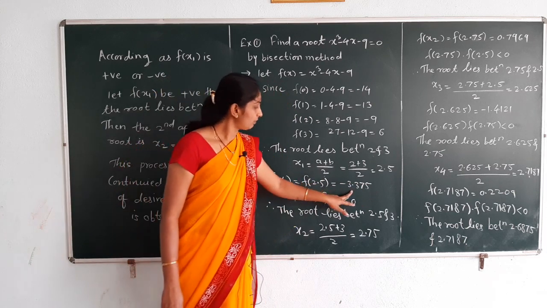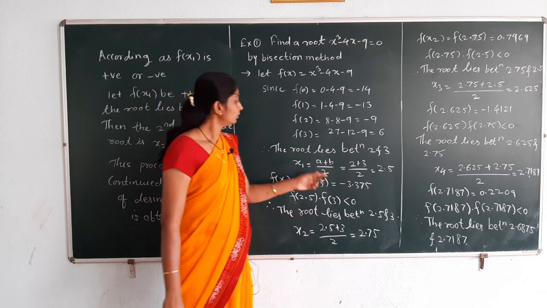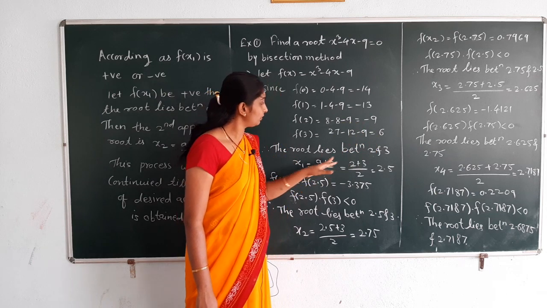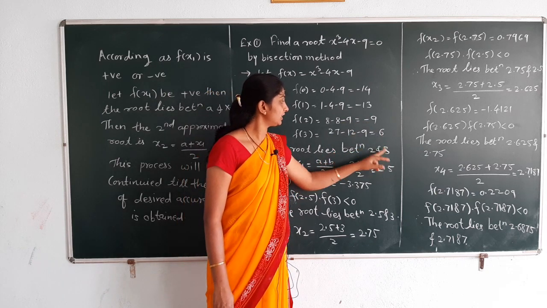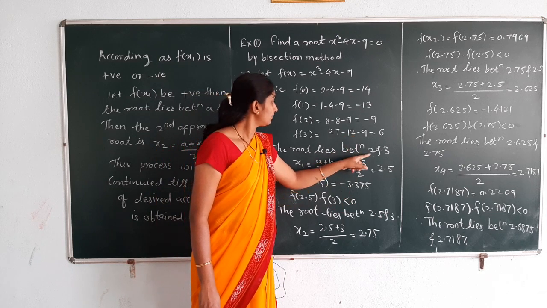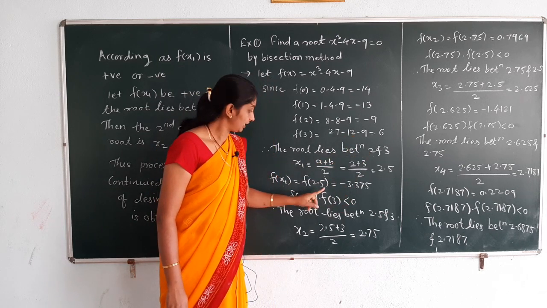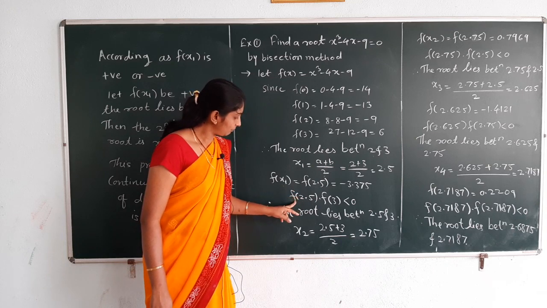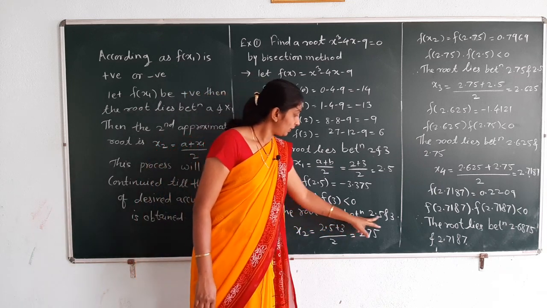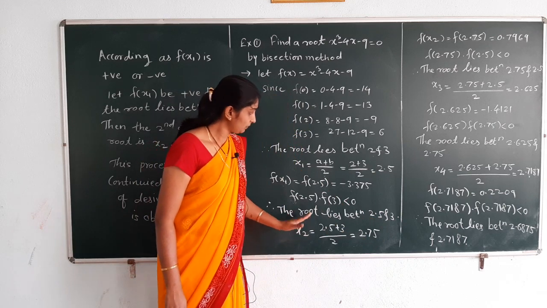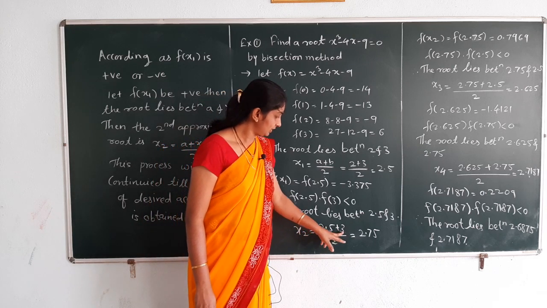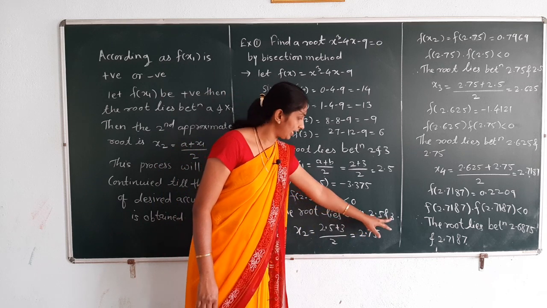Here f of x1 is a negative value and f of 3 is a positive value. In the first approximation, we had 2 and 3, where 2 is negative and 3 is positive. But now f of x1 is negative. Therefore, we replace 2 by 2.5. Then our root lies between 2.5 and 3, because we get the successive approximation. x2 is equal to 2.5 plus 3 upon 2, where a becomes 2.5 and b is 3.